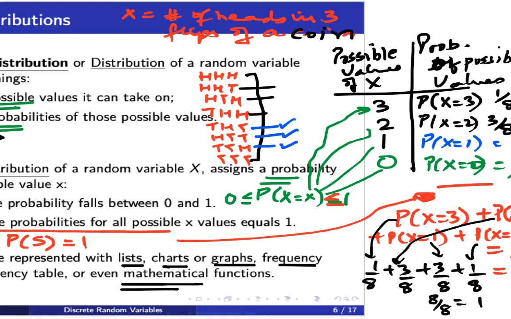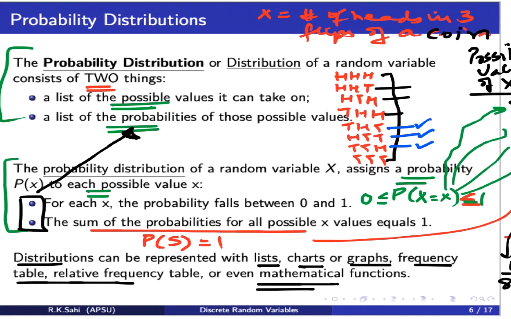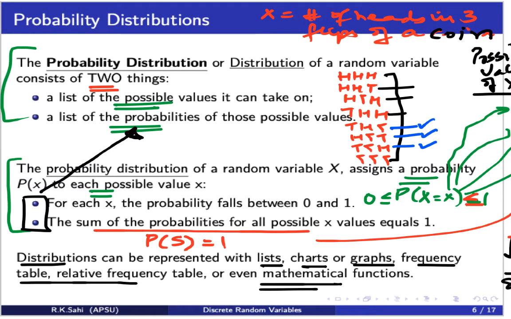And some mathematical functions. As time goes by, we will look at those mathematical functions, which basically represent the probability distribution of a random variable. So this, guys, is the theory part in this session. Now I'm going to talk about examples of what we have learned. Okay, so let's start with the very first example.